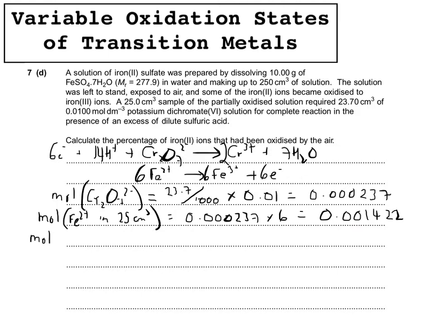So moles of iron 2+ in 250 equals 0.001422 times 10, which equals 0.01422 moles. We can then work out how many moles of iron 2 there were originally by working out the number of moles by dividing mass, 10 grams, by the MR, 277.9.